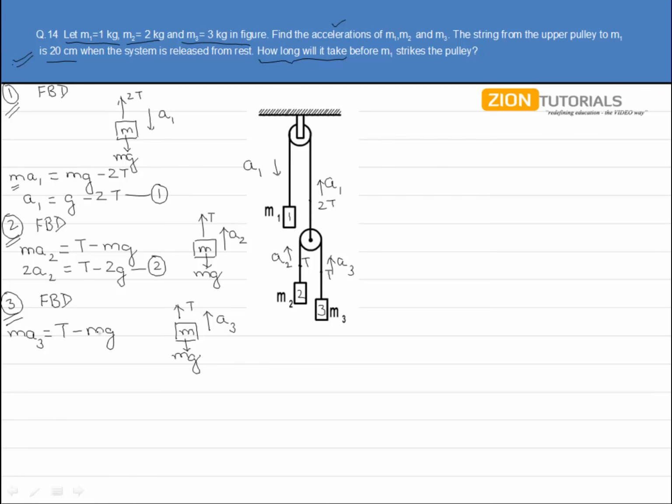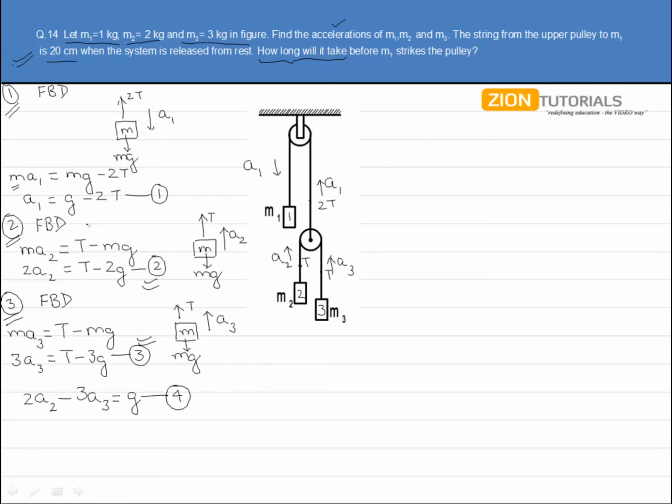Putting m equals 3 kg, we can say thrice a3 equals T minus 3g. Marking this as equation number 3. Now, removing T from equation number 2 and equation number 3, we get twice a2 minus thrice a3 equals g. Marking this as equation number 4.